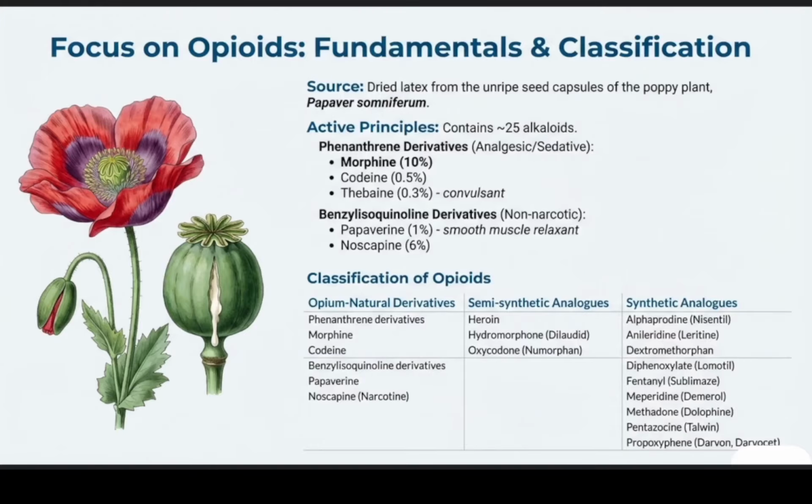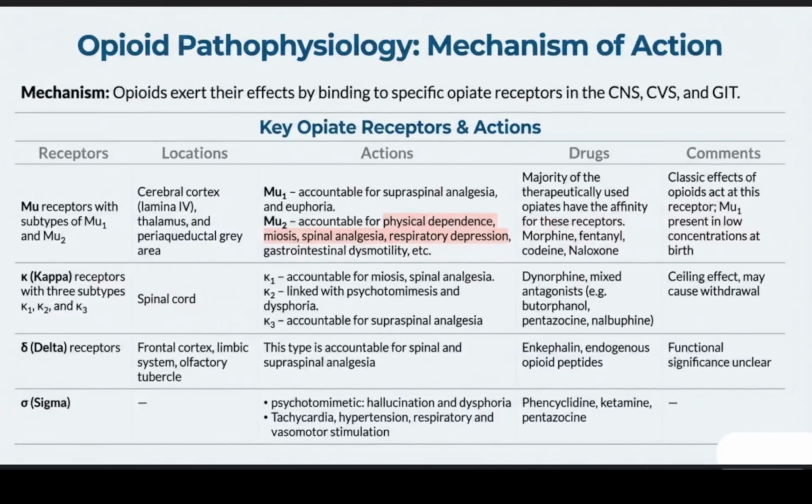Now, coming to opioid pathophysiology and mechanism of action. Opioids exert their effect by binding to specific opioid receptors in the CNS, CVS, and the GIT. The mu receptors have a few subtypes, and they are located in the cerebral cortex, the thalamus, and the periaqueductal gray area.